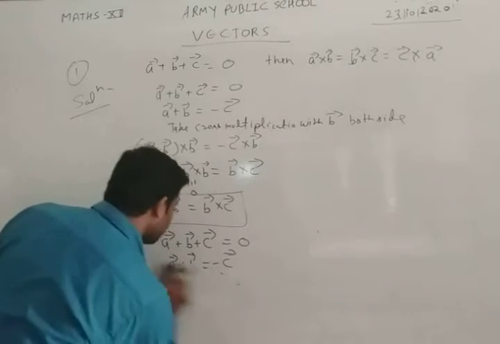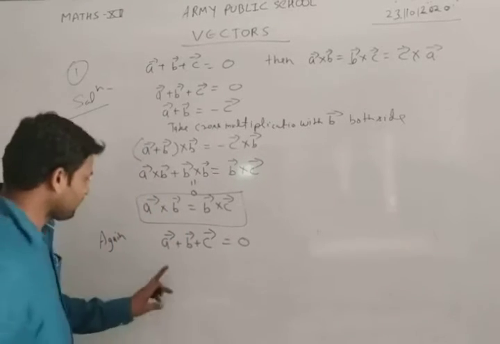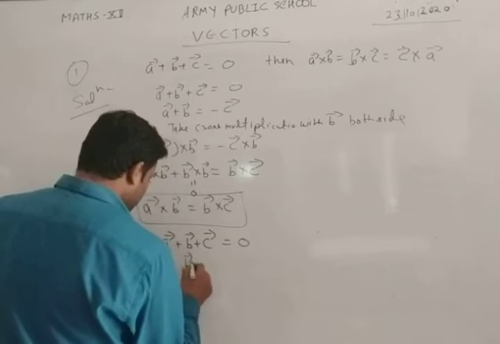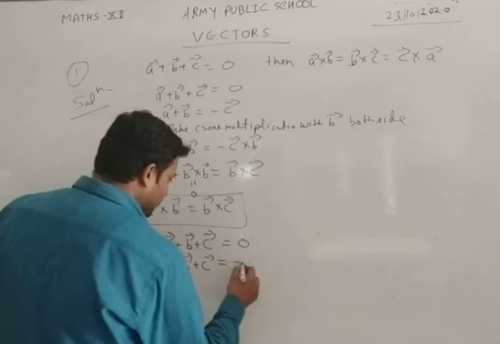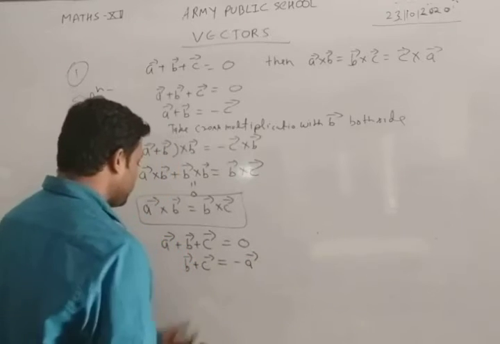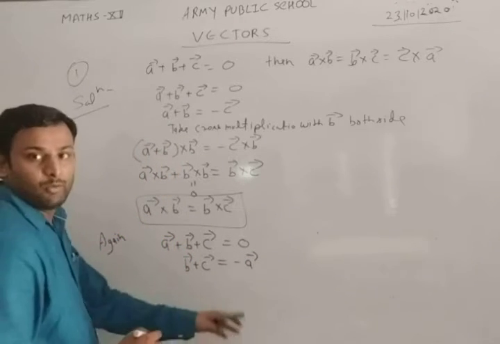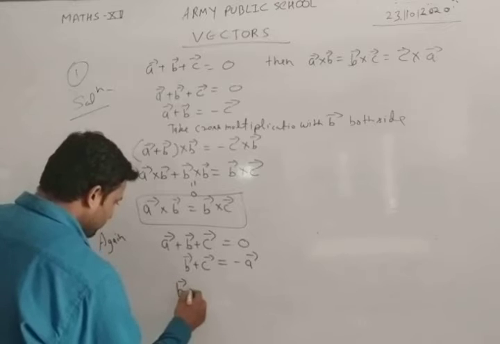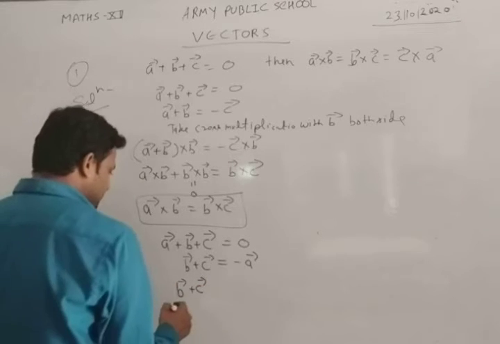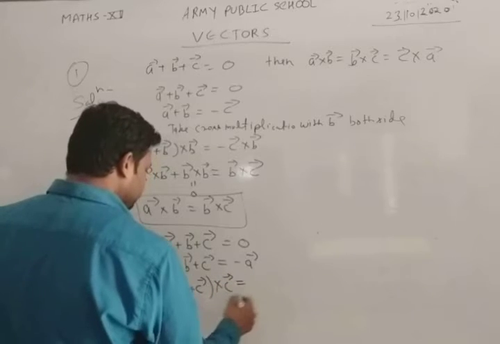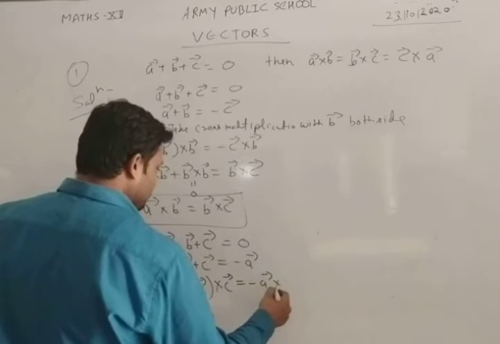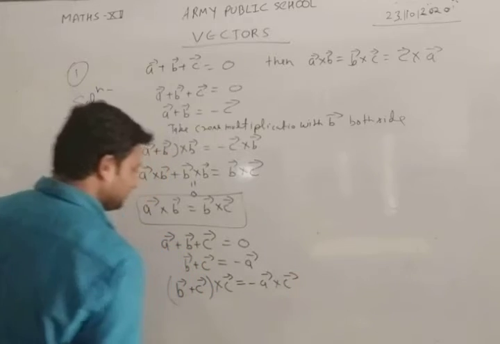So here is a mistake. Now we will send this a to the left hand side, minus a. Now take the cross product with c both sides. So b plus c multiplied by c, this will be minus a into c.